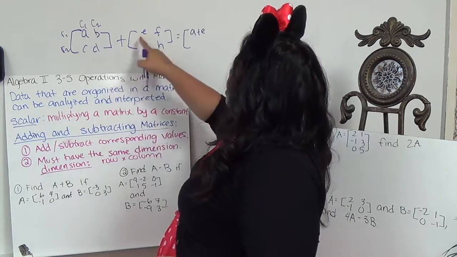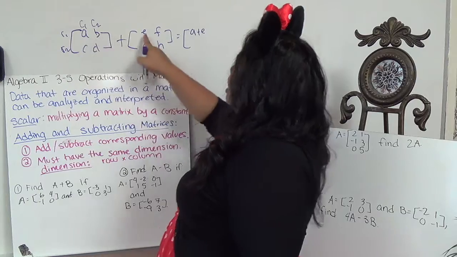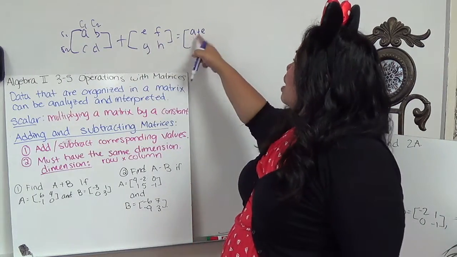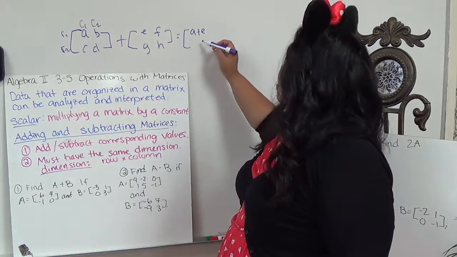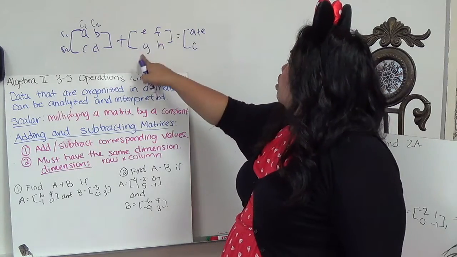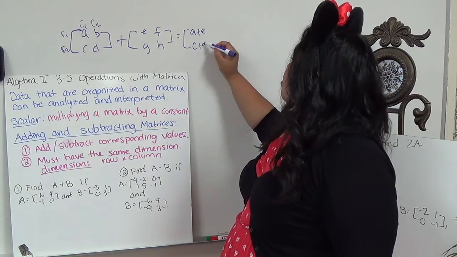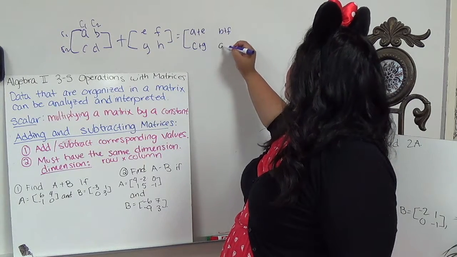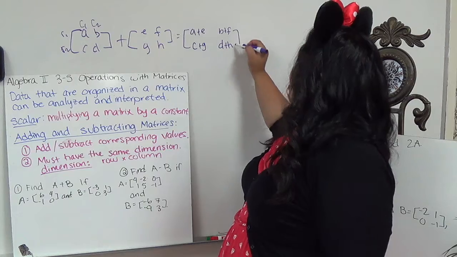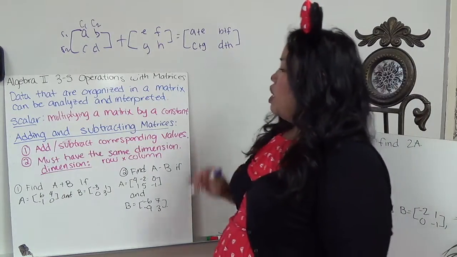Because A is row 1, column 1, E is also row 1, column 1, so that's what I add, the corresponding parts. C is row 2, column 1, so it's row 2, column 1, which is G. And then B plus F and D plus H. And that's how I add and subtract, just its corresponding parts.